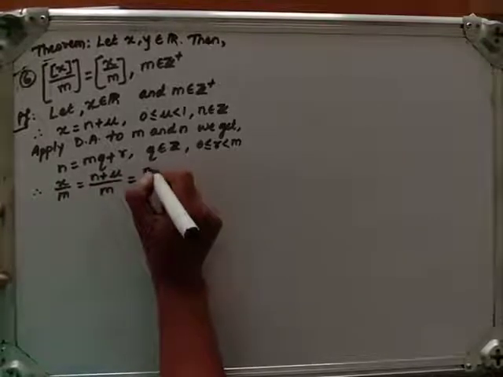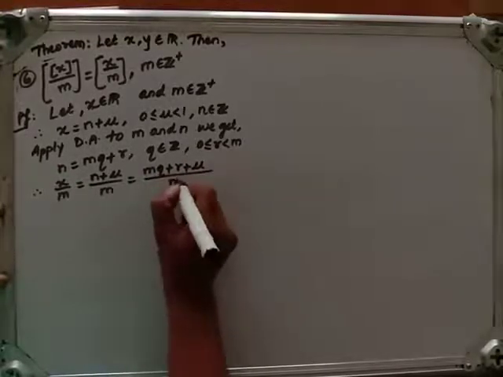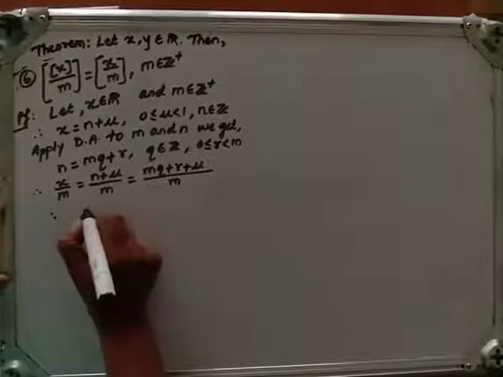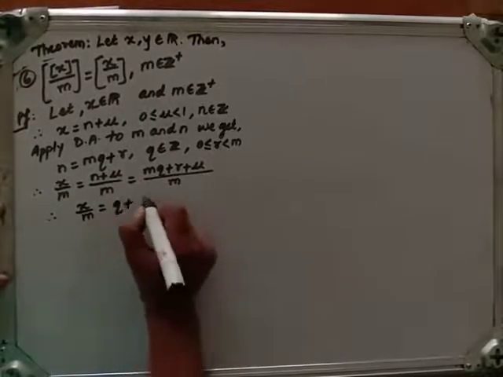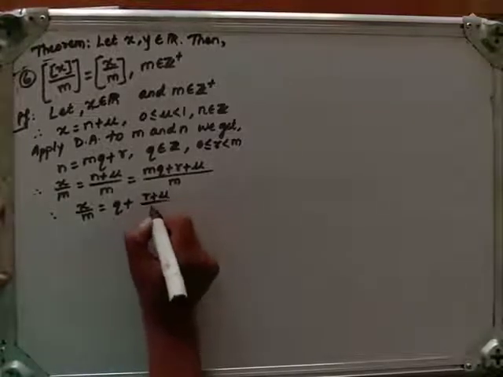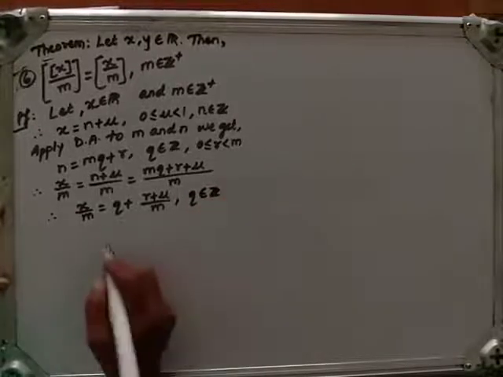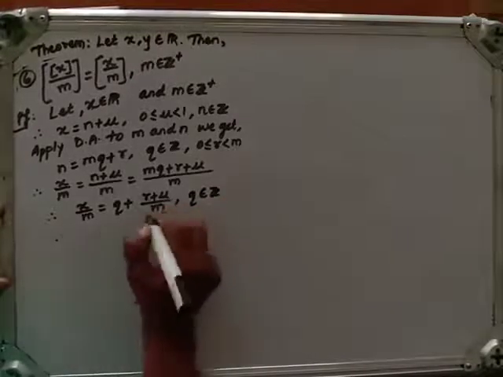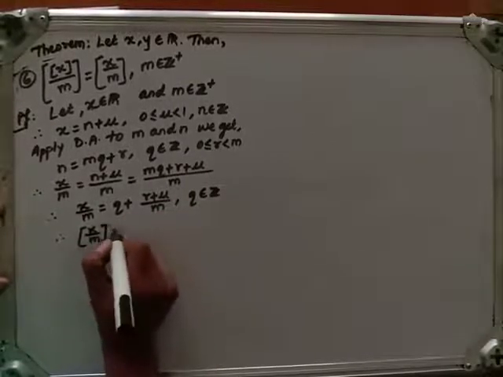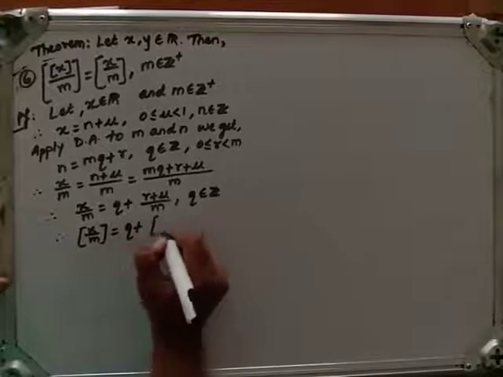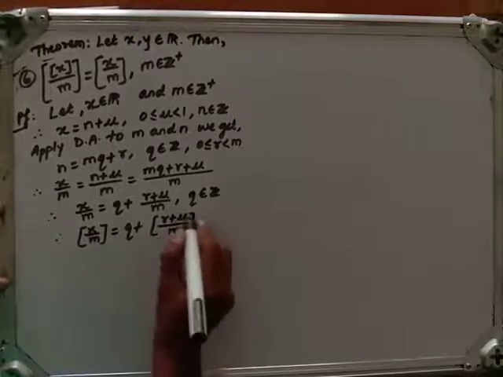What is n? It is mq plus r plus mu upon m. Therefore, x upon m is equal to q plus r plus mu upon m, where q is in the set of integers. Fine. Therefore, the greatest integer function of this is equal to q plus the greatest integer function of this one also. Okay, so our aim is to find out this part first.